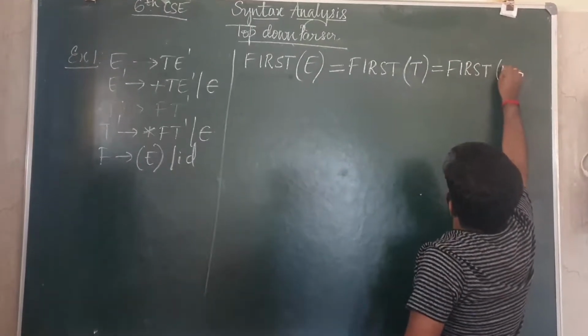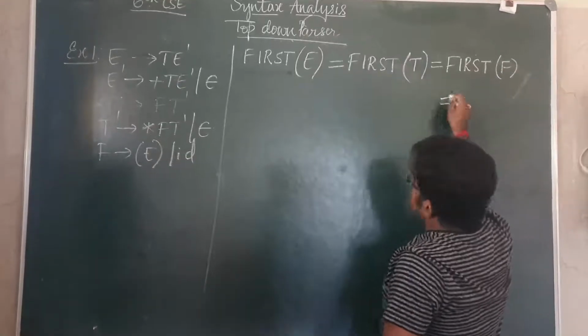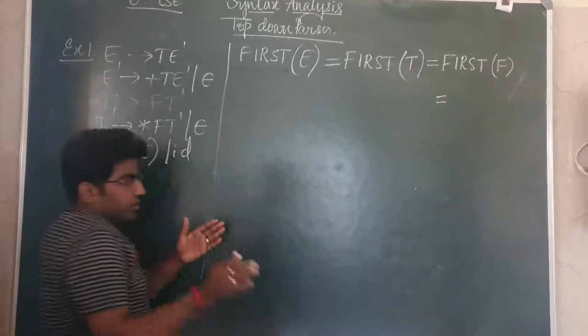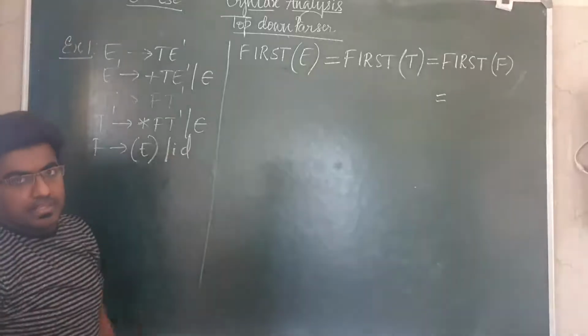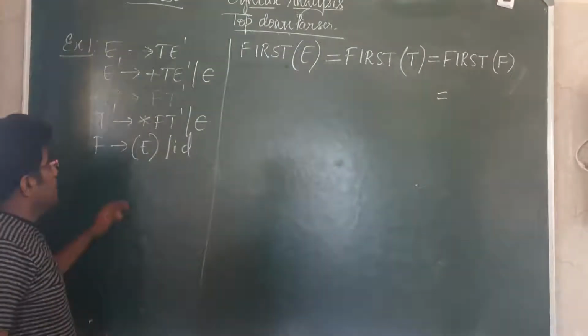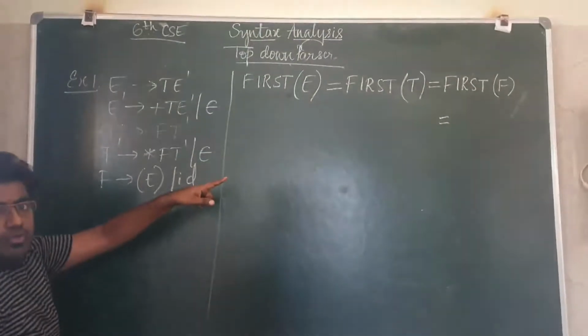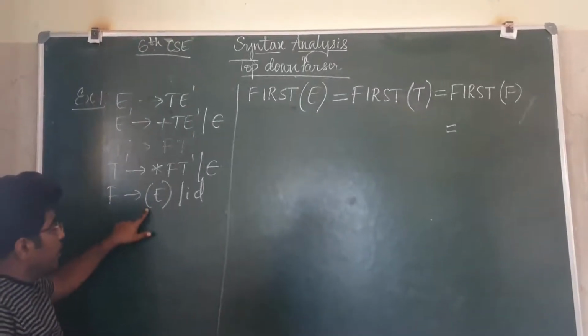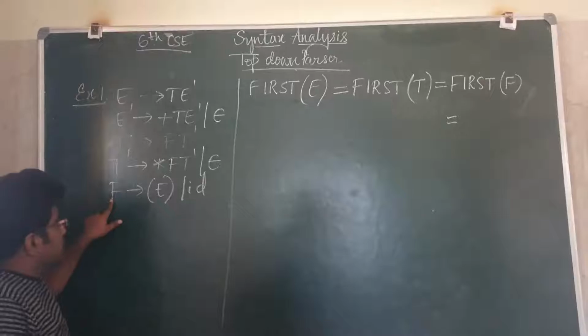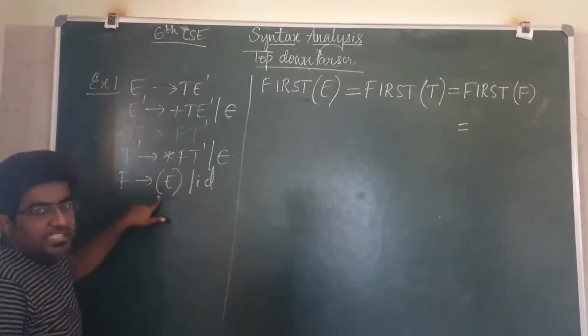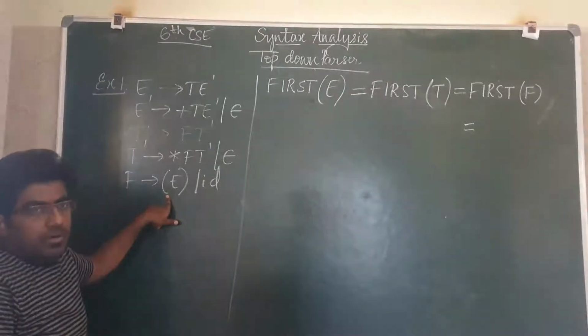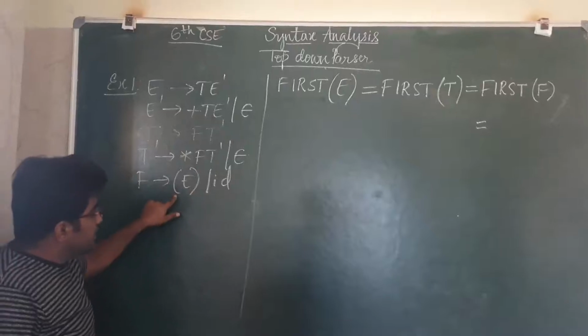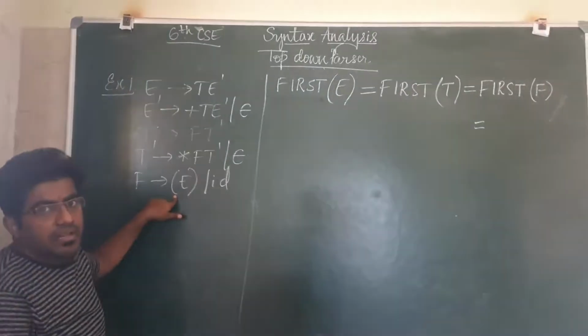This must be continued until you get a set of terminals at the very beginning of the production. So first of F: F tends to (E), and in this production the open brace is a terminal. Yes.